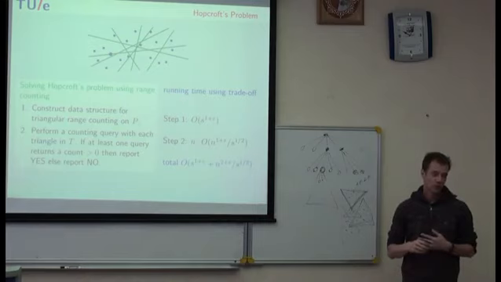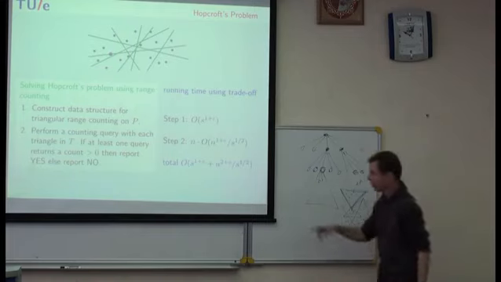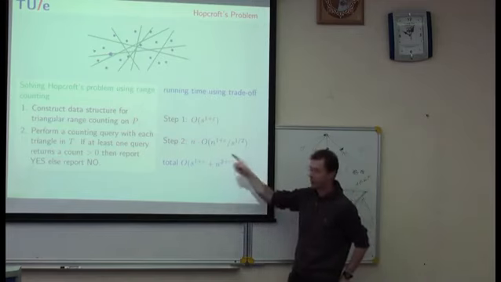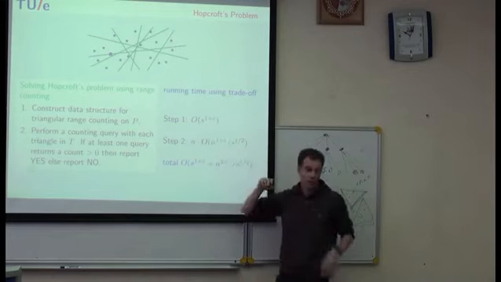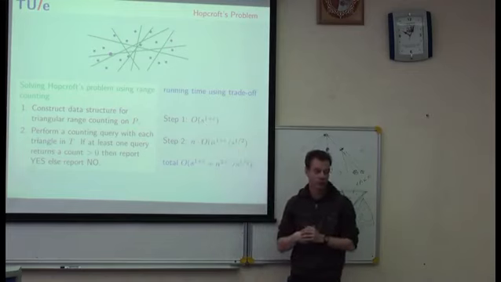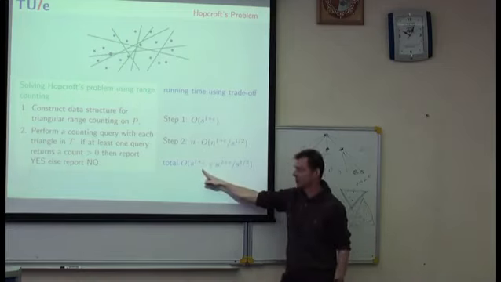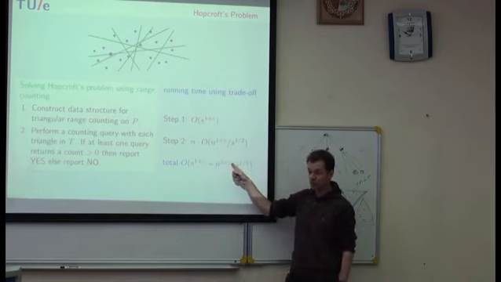So how do I want to choose my value of S? Well, exactly, right? If I start with S equals n, that's what we did before, only use the partition tree. Then here I have n to the 1 plus epsilon, and here I was getting n to the 3/2 plus epsilon.